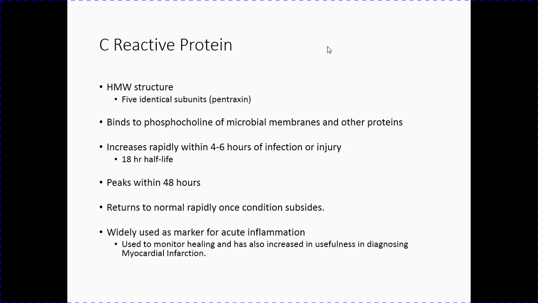So C-reactive protein is a really important acute phase reactant in monitoring the condition, but also in making the microbe more susceptible to phagocytosis and marked for phagocytosis.